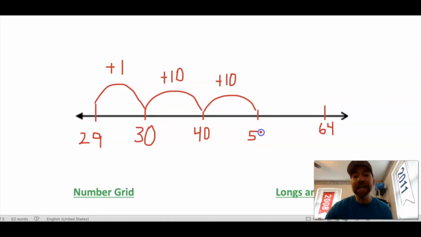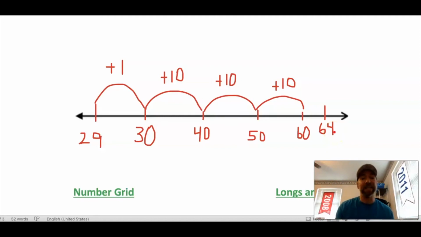I want to add another 10. 50 plus 10 takes me to 60. Now, if I add another 10, I'm going to pass my stop point. 60 plus 10 is 70, too big. So how many more do I need to go from 60 to 64? I only need 4 more.